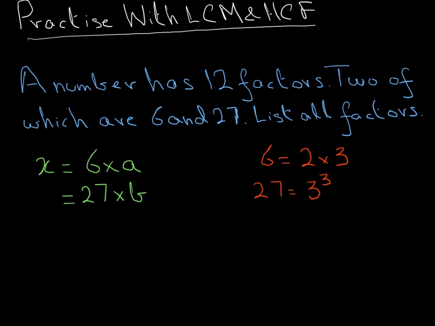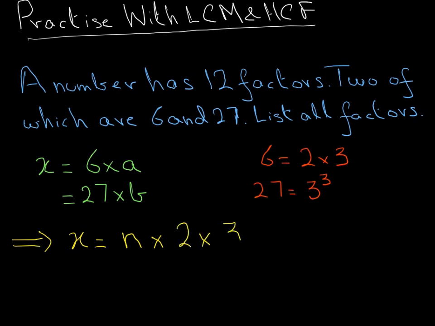It may contain more. So this implies that x must contain at least one 2 and three 3s, and it may contain more stuff. All the more stuff, I'm going to call it n. I don't know what that is. Why is that?